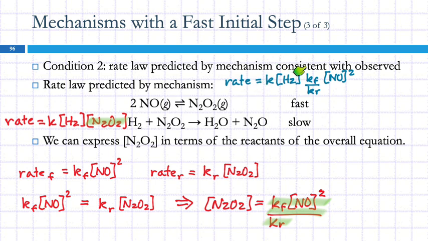This is a constant, and those are constants, and we don't really need to know what they are individually. KF and KR are still different, though, right? KF and KR are still different, and they're different than this K, but they're all constants. So we're going to lump them together.